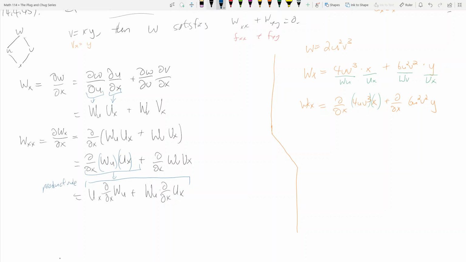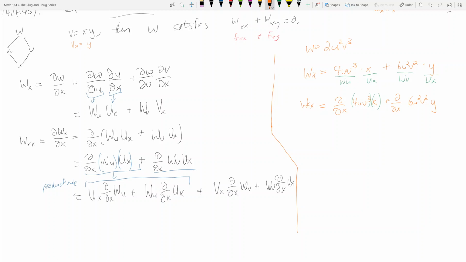All right, and then the same thing happens with this guy as well. You need to have v sub x times the partial of w sub v, and then you need to add w sub v times the partial of v sub x, all right?